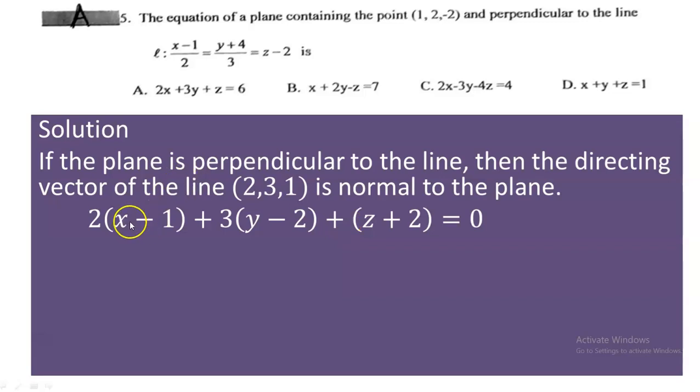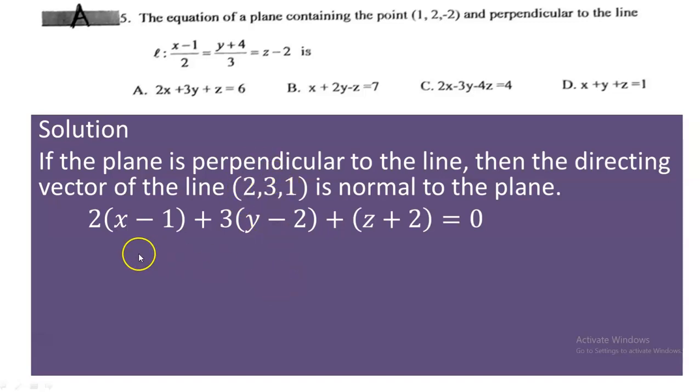Then x - 1, because you are going to use x - x0 and your x0 is 1. Then y - 2, because your y0 is 2. And z - z0, because your z0 is -2, and here z - (-2) is going to be z + 2. You see the coefficients 2, 3, 1 are all taken from the components of the directing vector.